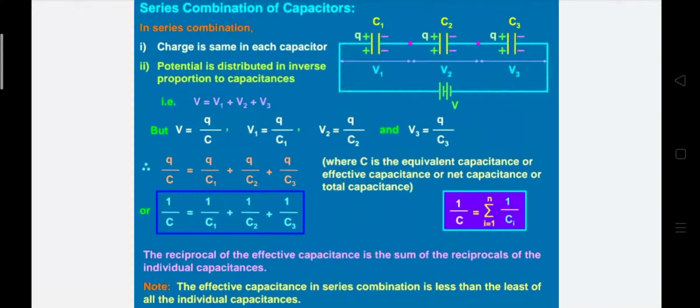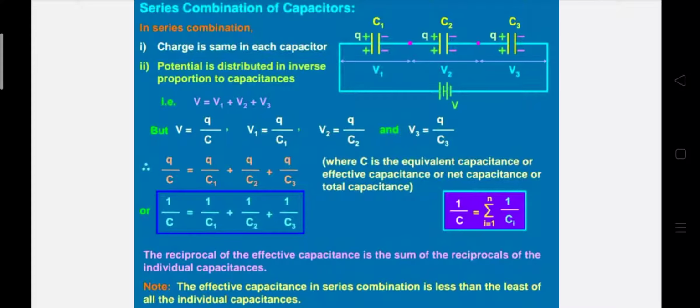So it acquires positive charge. As a result, an equal and opposite negative charge develops on the second plate of the capacitor C1. Now this second plate is connected to the first plate of the capacitor C2, and so on. So negative to positive, they are all in series combination. Okay.